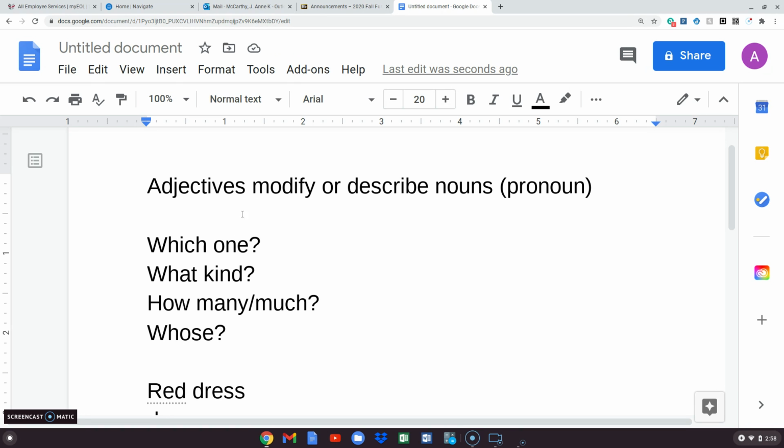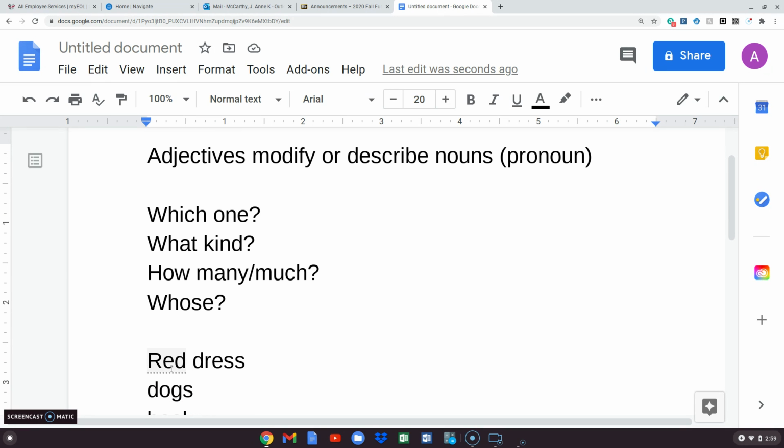Notice that modify, if you think about what a modified car club does, they put fancy rims on, or there used to be that television show, I don't know, is it still around, called Pimp My Ride? That's kind of what they're doing, is changing it. So modify means to change or describe. So notice when we have a red dress, it changes the picture of that dress. We can see it a little bit more.